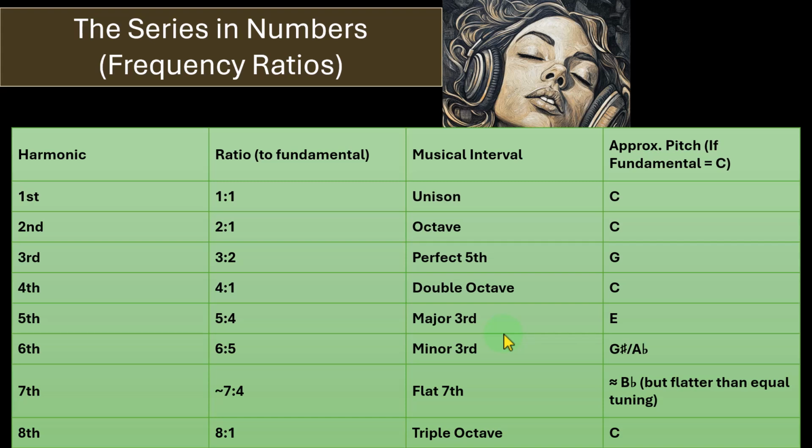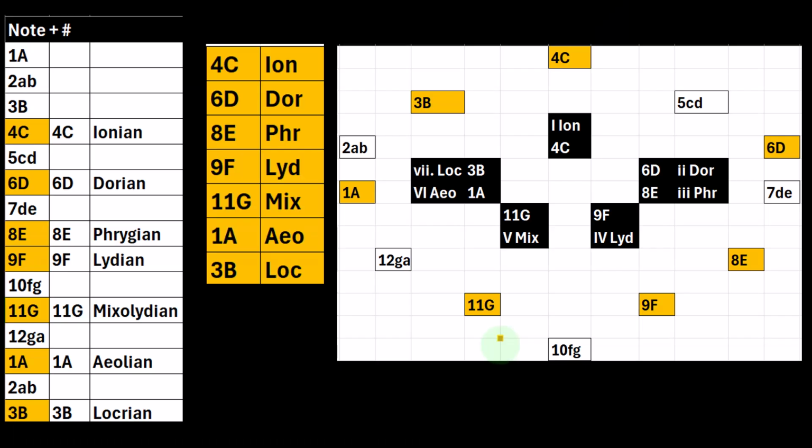So now it also has a minor third to it, which is interesting because these set of notes that we came up with, 4 more of them actually have minor thirds than major thirds, meaning the minor scale, which is Aeolian, and the Dorian and the Phrygian all have minor thirds.